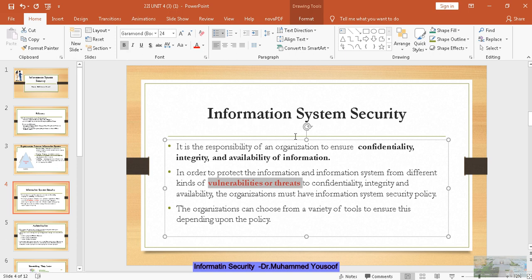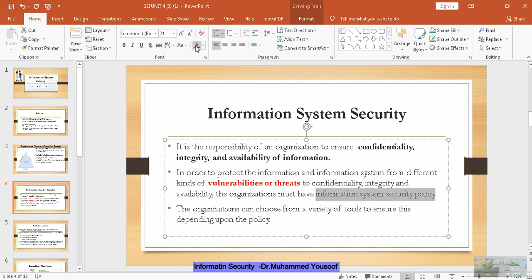So we have to ensure, as I told you about information system security, the confidentiality, integrity, and the availability of information, in order to protect the information in the information system from vulnerabilities and threats. Now we have to see that for confidentiality, integrity and availability, there should be something called an information security policy.